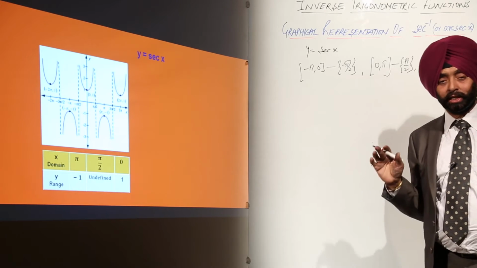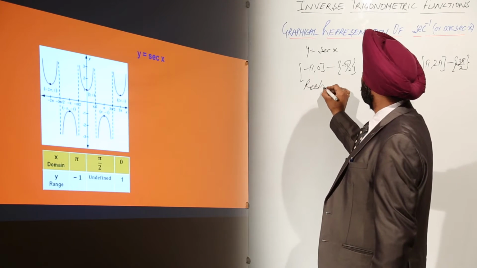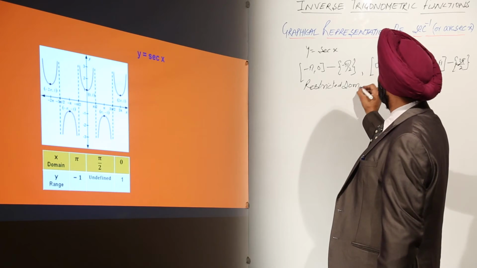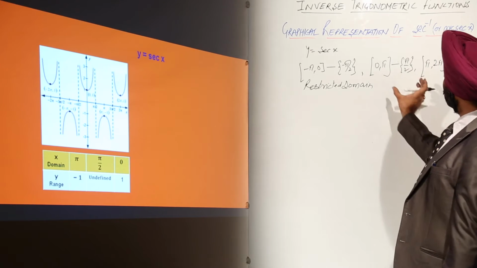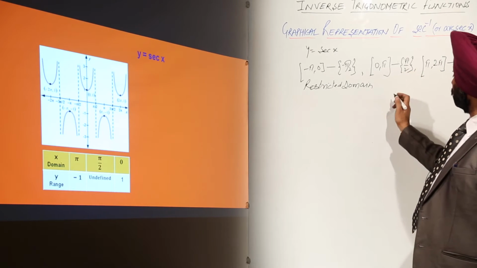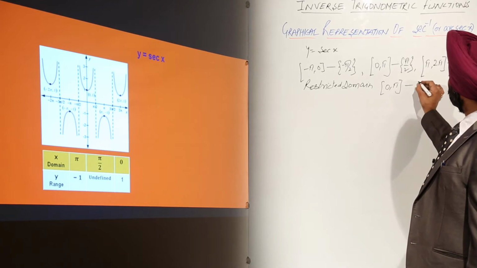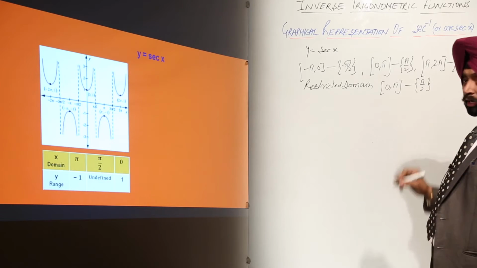Now what are the restricted domains for secant x? The restricted domain we are using is 0 to pi, that is 0 comma pi, and we are not using pi by 2.